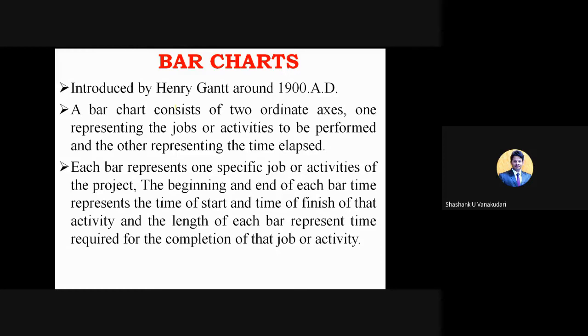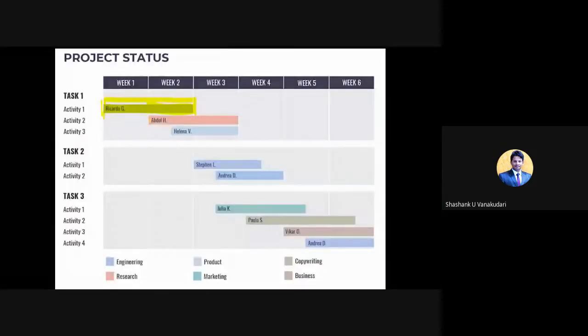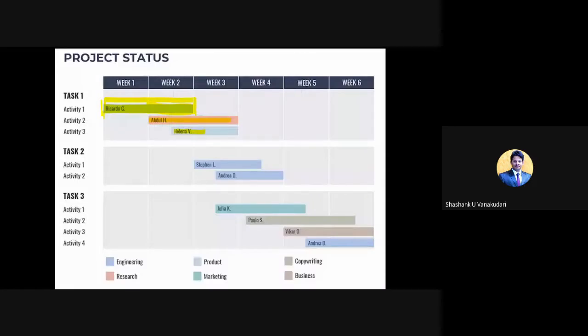The beginning and end of each bar represent the time of start as well as the time of finish of that activity, and the length of each bar represents the time required for the completion of that job or activity. Similarly you can see here the next activity which is going to start, that is activity second, and similarly activity 3 which starts at a certain time and ends at a certain time.